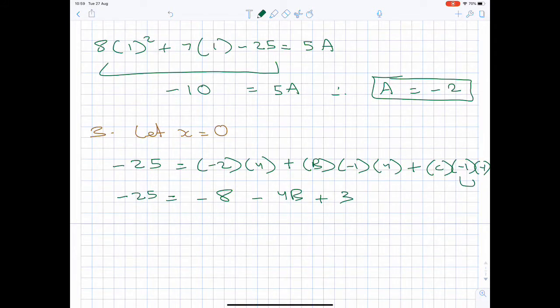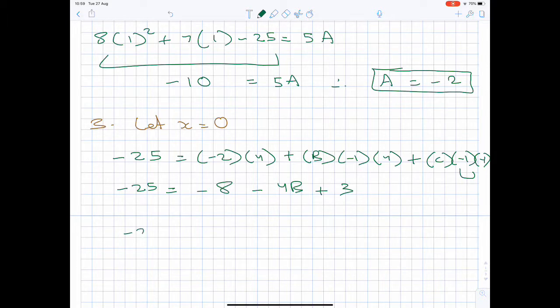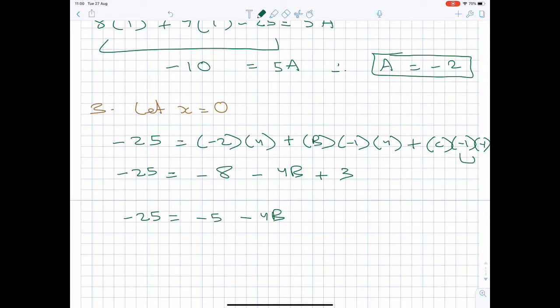Further simplifying, we get minus 25 equals minus 5 minus 4B. Let's take the 5 over, and we get minus 20 equals minus 4B. Finally, divide through by minus 4, and we get B as just positive 5.